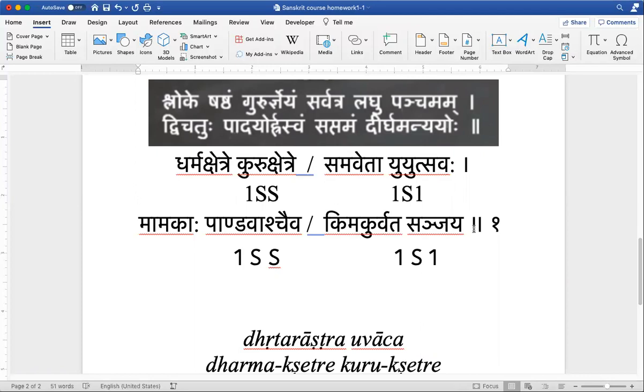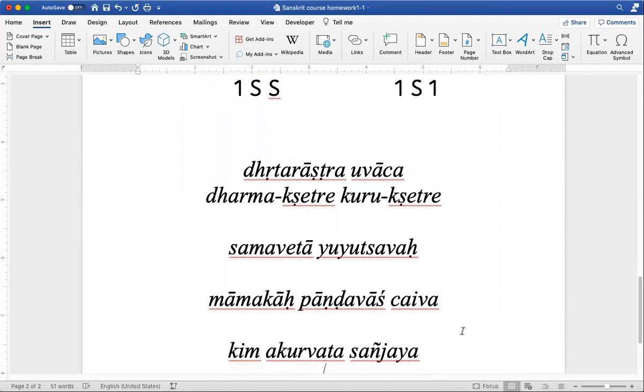It has 16 letters in one line, divided into 8 each. You stop after 8. Dharma kshetre kurukshetre. In the Sanskrit to English transliteration it's even clearer. Dharma kshetre kurukshetre, 8. You have pronounced 8 syllables now, you stop.